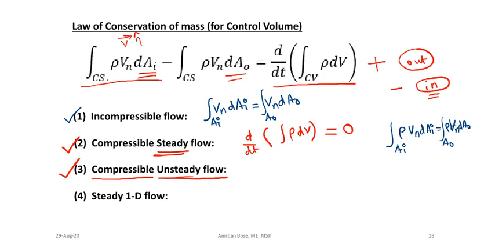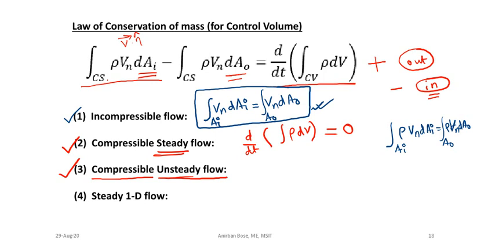Remember one thing which is very important: for incompressible flow, this will be the equation of continuity or the conservation of mass, irrespective of whether the flow is steady or unsteady. Flow might be steady or unsteady, but if it is incompressible, then this will be the form. Definitely this will be the form, irrespective of whether it is steady or unsteady.